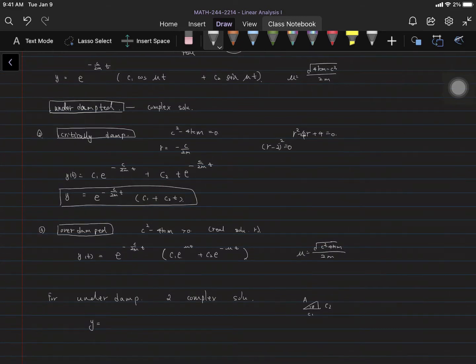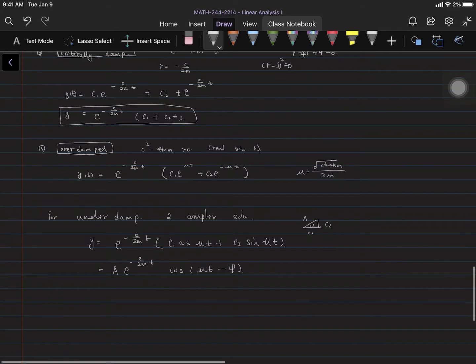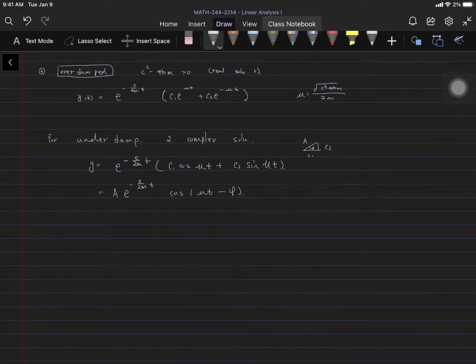Solution come from original solution should be this one, mu t plus c2 sine mu t, and after we simplify, it's going to be a times e to the, so e to the this thing still keep in front, and we just combine those two terms, okay, and it becomes a times cosine mu t minus v. So this is the solution, and you can take a look at this solution if we draw the graph.